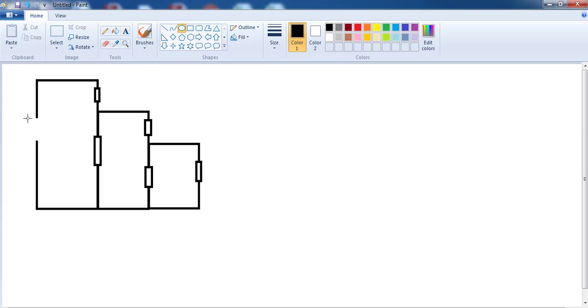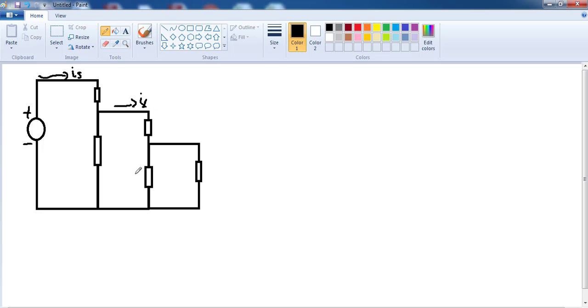Then we have a power source here, plus minus, and this one is the source current, so we call it IS, I of S. Let's put this one I1.